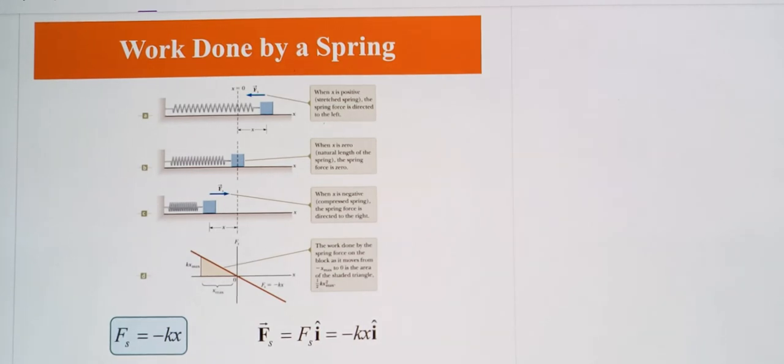Second, we will see the relation between work and the change in kinetic energy. So the first part is work and the change in elastic energy of a spring, the second part is work and the change in kinetic energy, and the third part is work and change in potential energy.